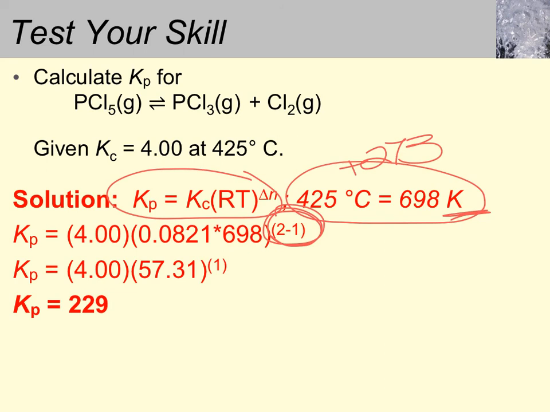The number of gas molecules or moles on the product side is 1 plus 1 more, so there are 2 on the product side. How many gas molecules or moles on the reactant side? Just 1. So delta N equals 1.